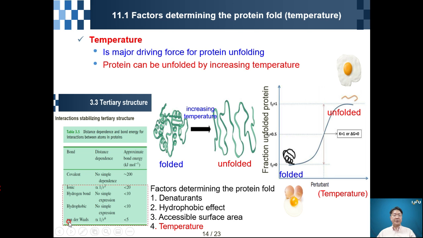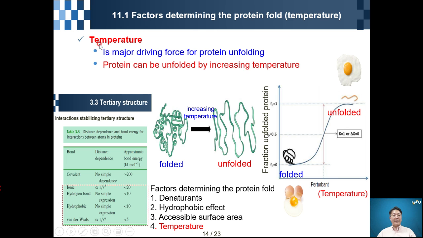Finally, there was the van der Waals interaction. But temperature can function as a perturbant, and temperature can only disrupt non-covalent bonding, starting from the ionic and finally van der Waals interaction.